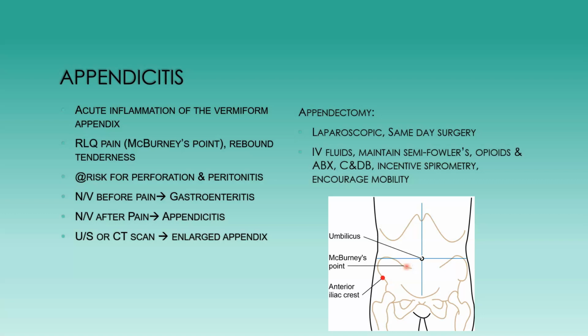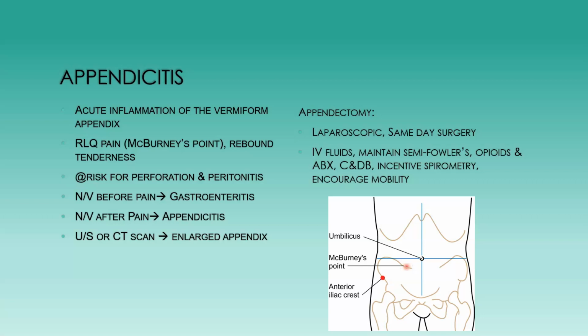Gangrene and sepsis can occur within 24 to 36 hours and are life-threatening and can be the cause for emergency surgery. A perforation of the appendix can cause peritonitis, and you will see an increased temp greater than 101 and an increased heart rate.